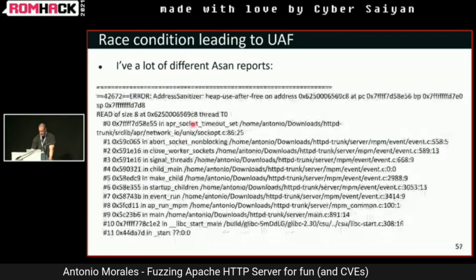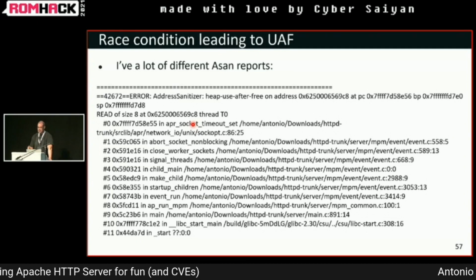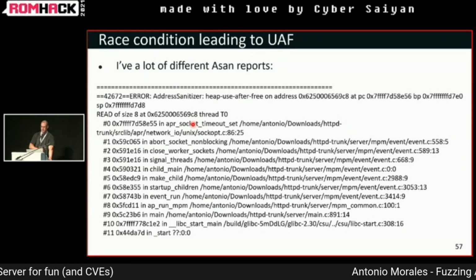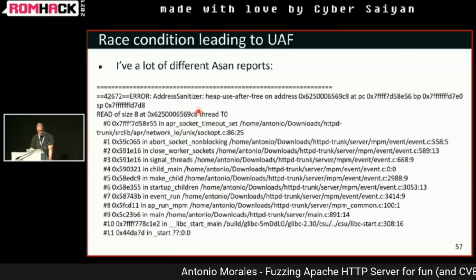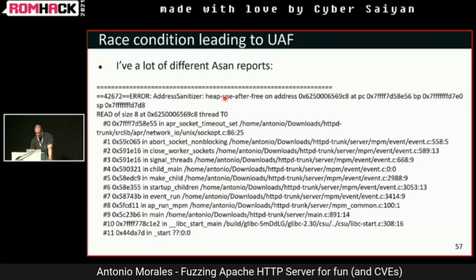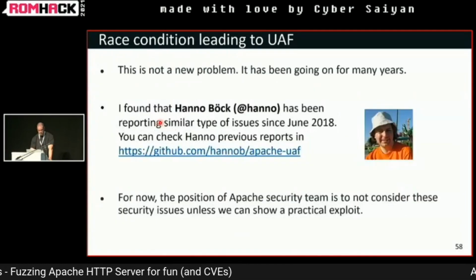But look at this, for example, here, a totally different stack trace, but related to the same problem. The stack trace is totally different, as you can see, and it's the same problem. You can see here even the same read size of 8.